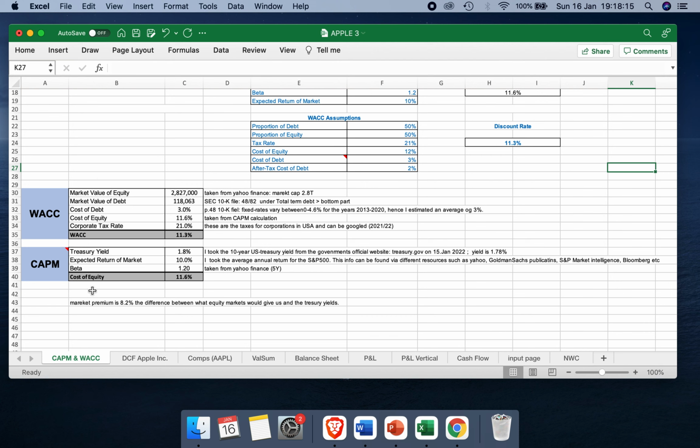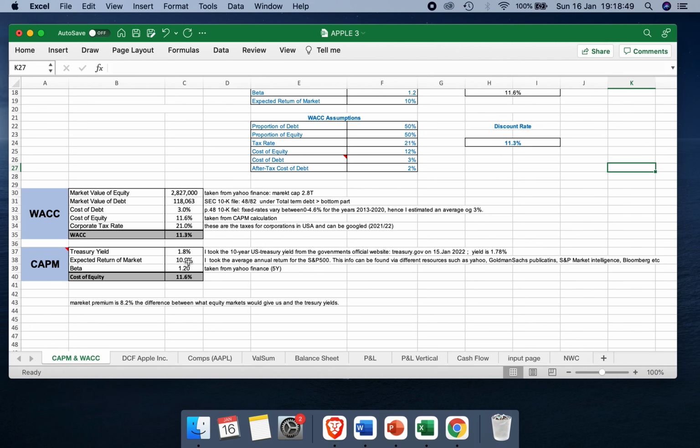In order to calculate the WACC, I had to figure out what the cost of equity is, and for that I used the capital asset pricing model. For this I took the yield for the 10-year US Treasuries, which is available pretty much everywhere. I took the official figure from the US Treasury government website, which is currently 1.78 for 10-year government bonds.